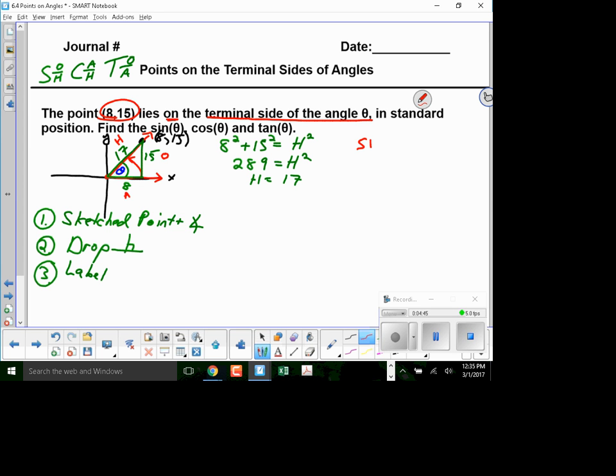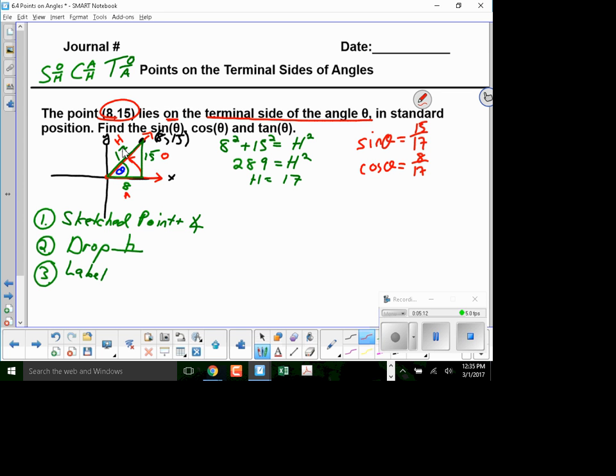So the sine of theta is the opposite side, which is 15, over the hypotenuse, which is 17. Check the fraction to make sure it doesn't have to be simplified. It doesn't. The cosine of theta is the adjacent over the hypotenuse. 8 over 17.